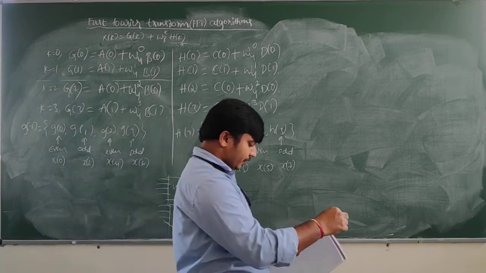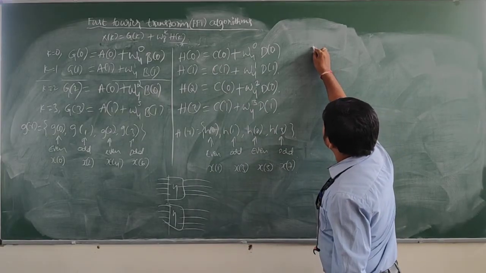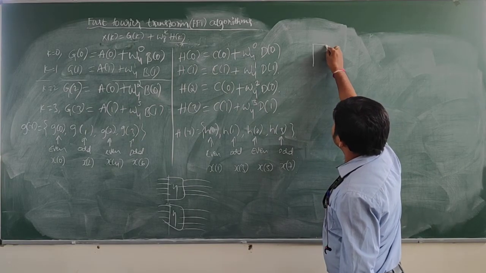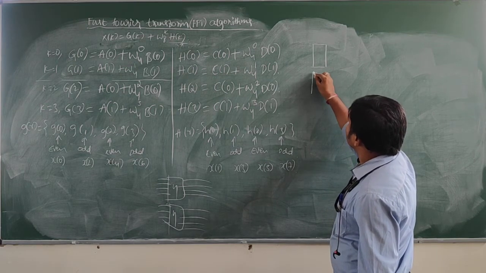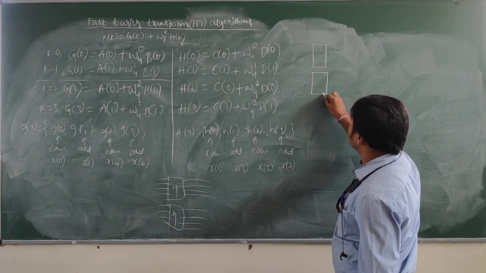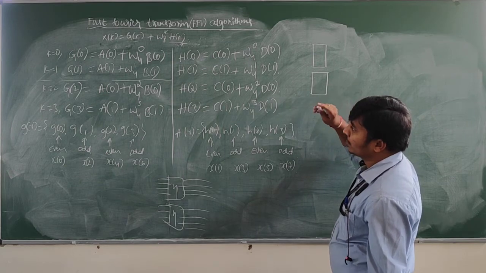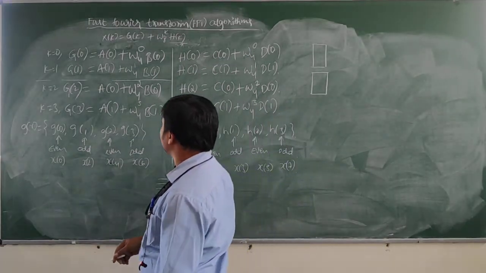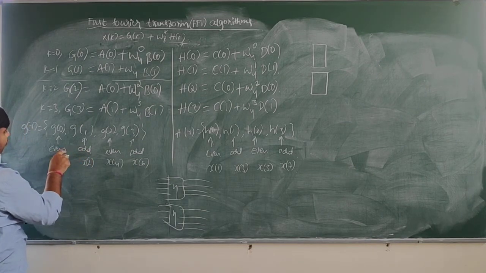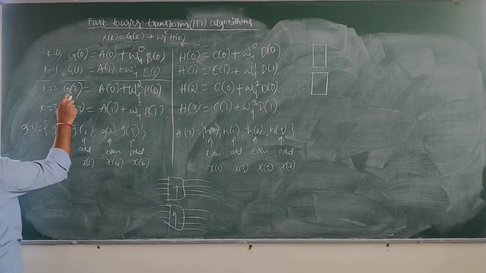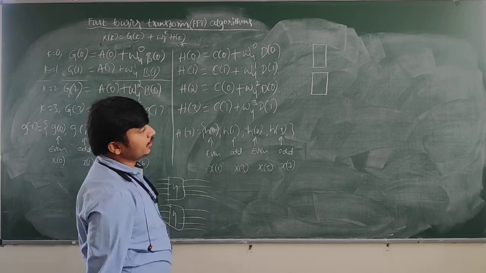So therefore that 4-point DFT will be split into two 2-point DFT sequences. Okay, so here this even part will be represented by this g of k, and this odd part will be represented by h of k.